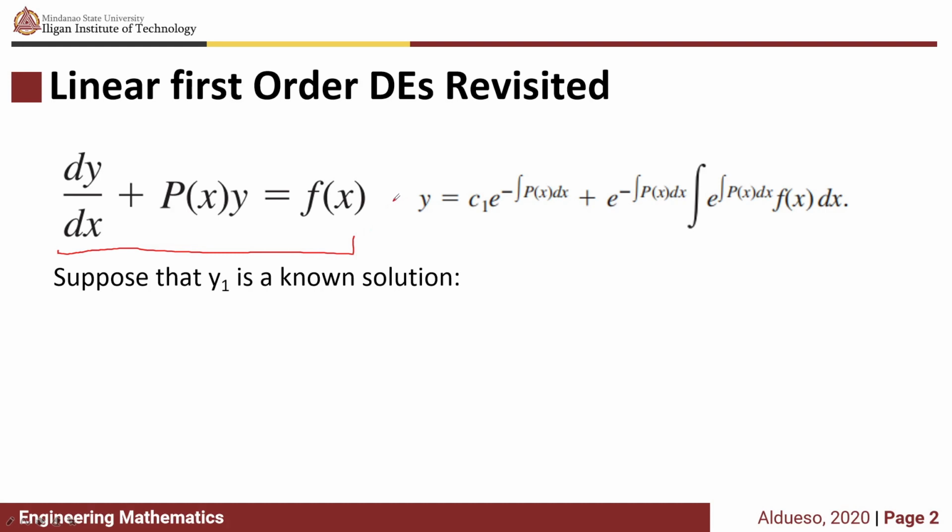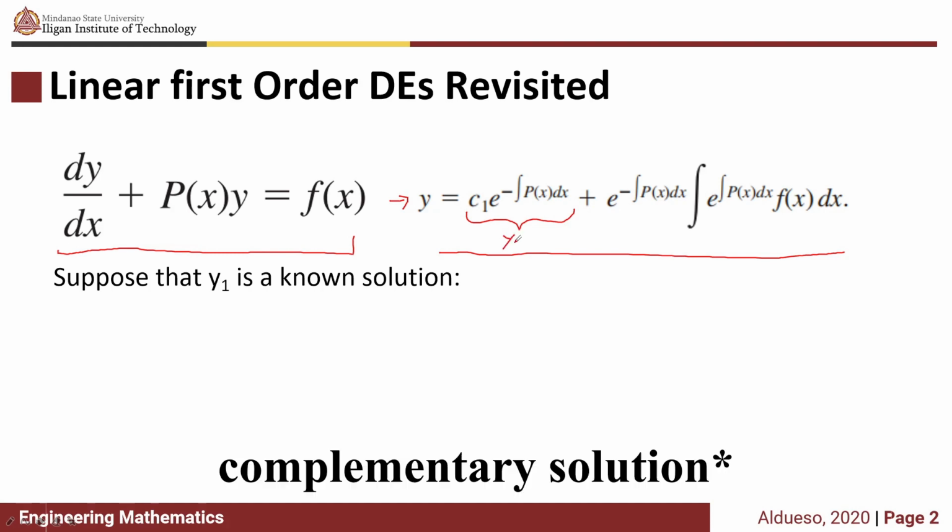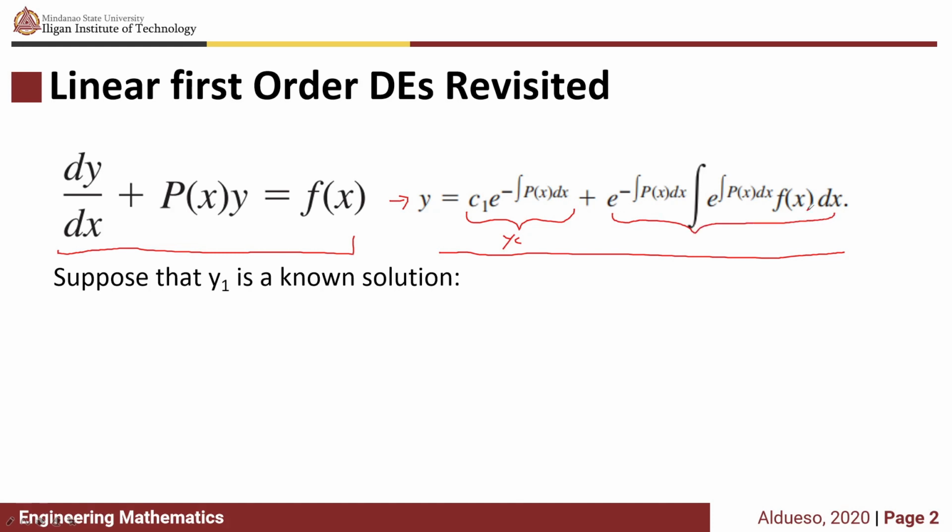Its solution is equivalent to this equation, where our first term is called the complementary solution yc, and our second term is called the particular solution yp.